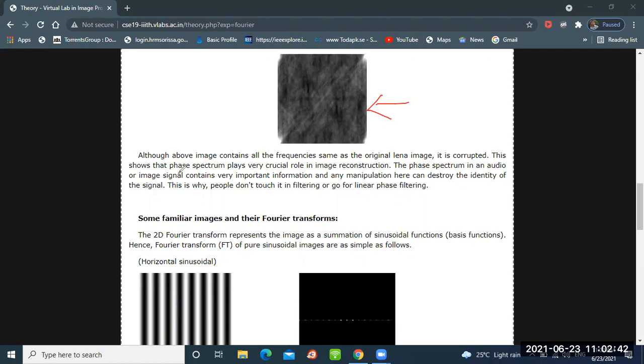Whenever you want to reconstruct the image, you have to consider the magnitude spectrum as well as the phase spectrum. The phase spectrum in an audio or image signal contains very important information, and any manipulation can destroy the identity of the signal.